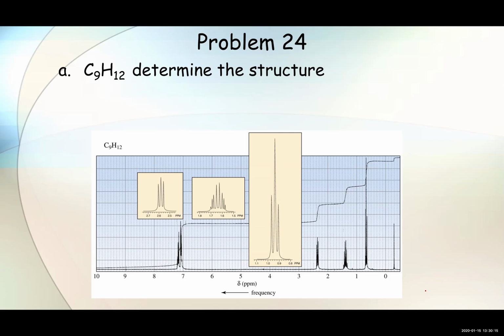And the first thing that you want to do, we talked about this a little bit last semester when we did IR, we want to do degrees of unsaturation. What you have to do is figure out what a saturated compound would look like, and then figure out how many pairs of hydrogens aren't present in this formula, okay?